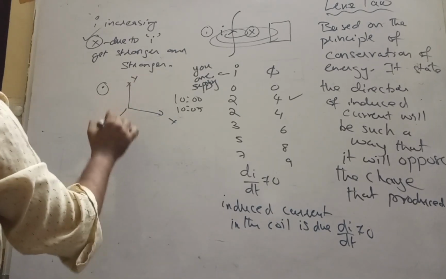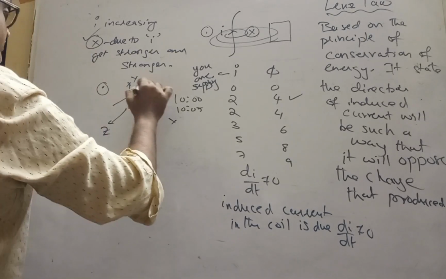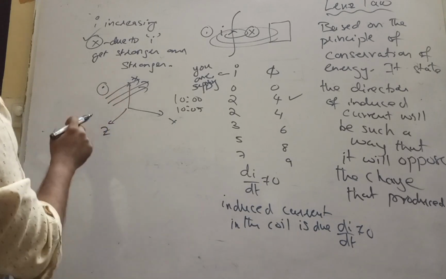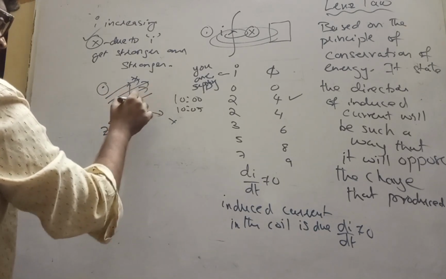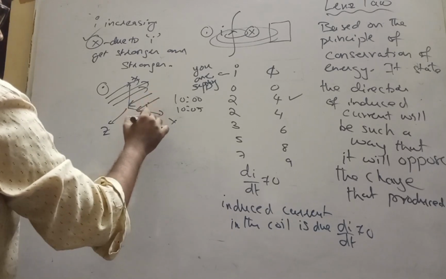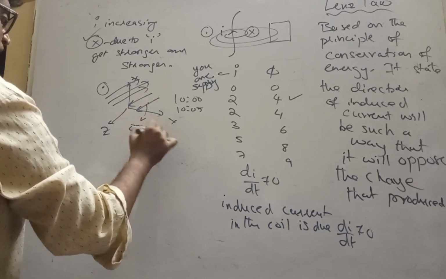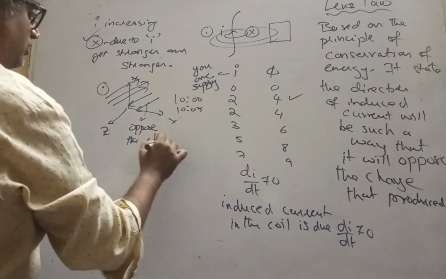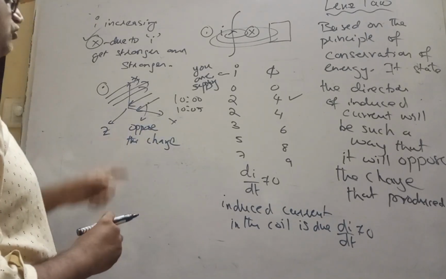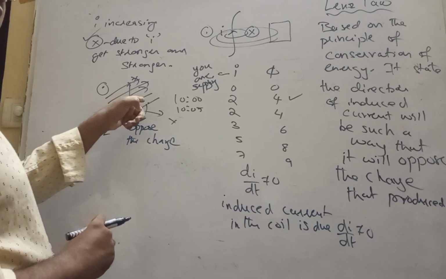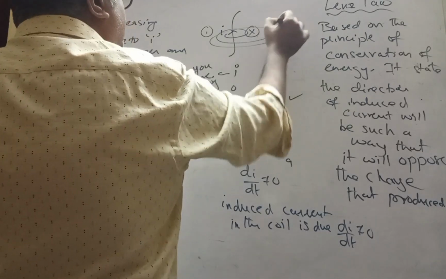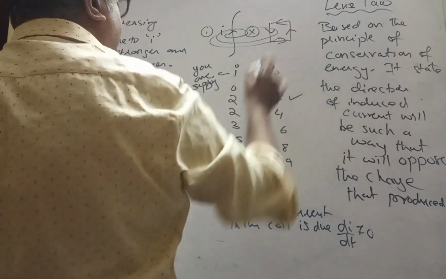Right now the field lines are in this direction. I want to oppose the change, so I should create a field line in the opposite direction. I should select my current direction in such a way that it produces the field in this direction. Suppose current is passing in the anti-clockwise direction.